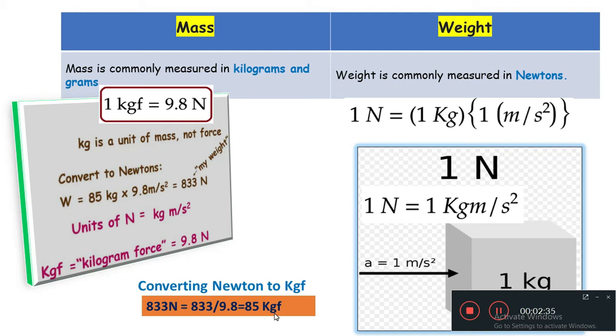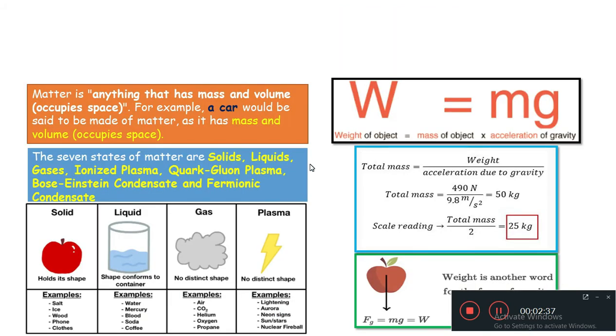Here, matter is anything that has mass and volume. When we say volume, it means it occupies space. For example, a car could be said to be made up of matter, as it has mass and volume. The car has nearly more than 200 or 300 components. Seats occupy a lot of space for us to sit inside.